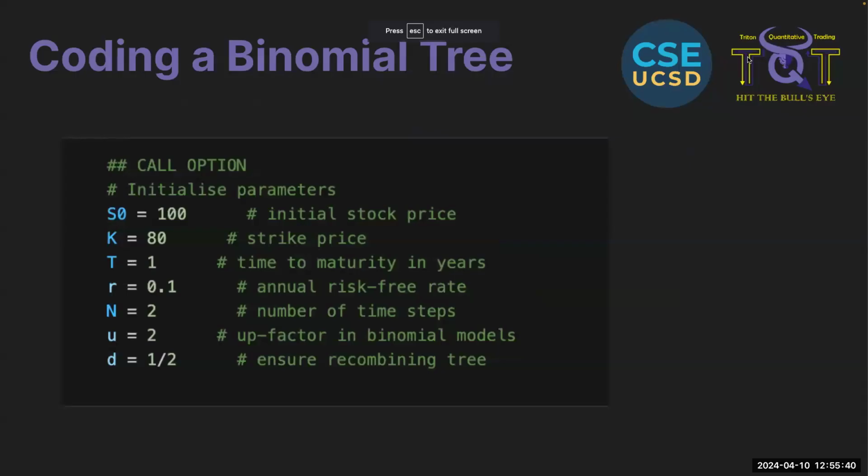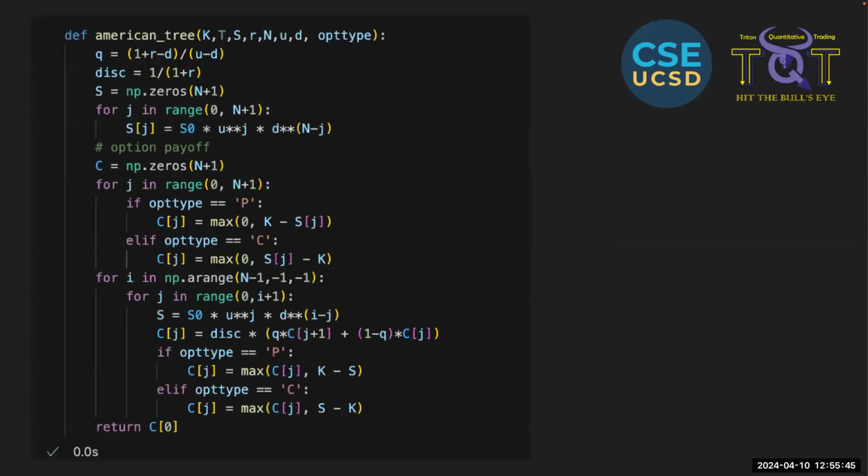And then the up factor of 2 and the down factor of half. So Anuj and I wrote this code this weekend to basically explain what we did in the tree. So I'm going to explain line by line what is happening here.